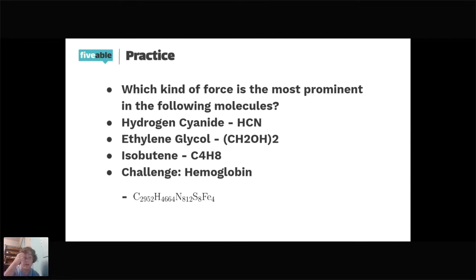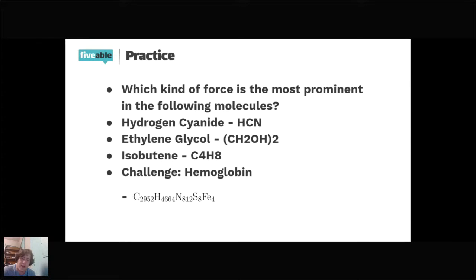No. So there's no nitrogen, there's no fluorine, and there's no oxygen in there. So there definitely can't be hydrogen bonding. For there to be hydrogen bonding, there would have to be a hydrogen bonded in the molecule to a nitrogen, fluorine, or oxygen, but there's none of that in the molecule. It's LDFs. The molecule is nonpolar. It's very symmetric. So it's LDFs because LDFs exist in every molecule.